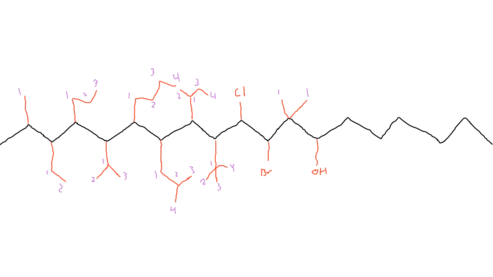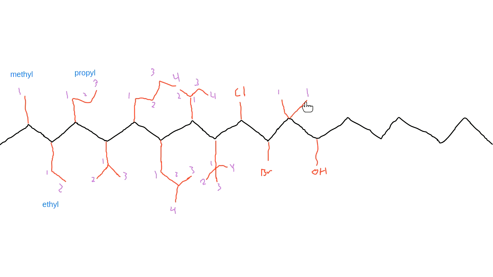Okay, so this top one, we have a single carbon, so that's going to be a methyl. Down here, we have 2 carbons, which is ethyl, 3 carbons, which is propyl. So these are 2 individual methyls.